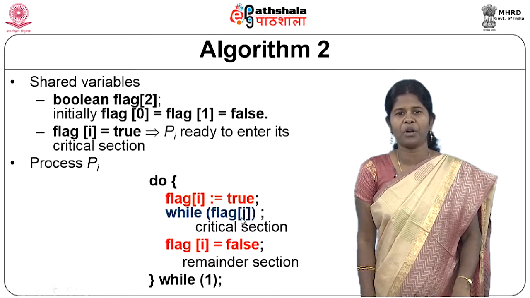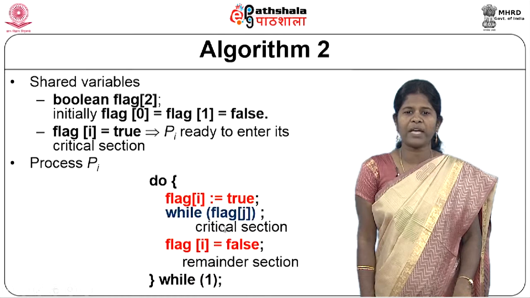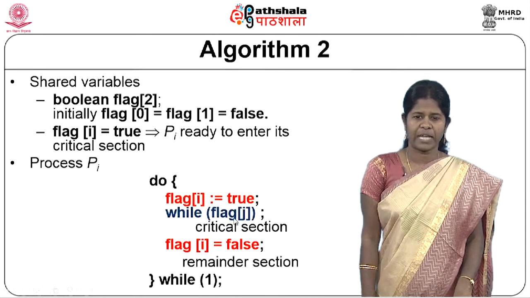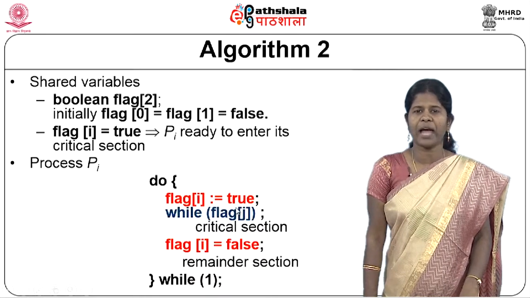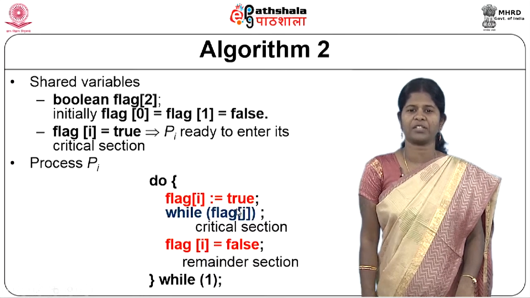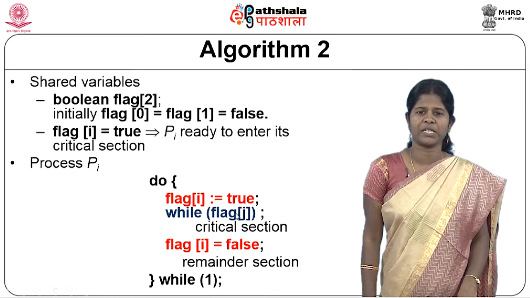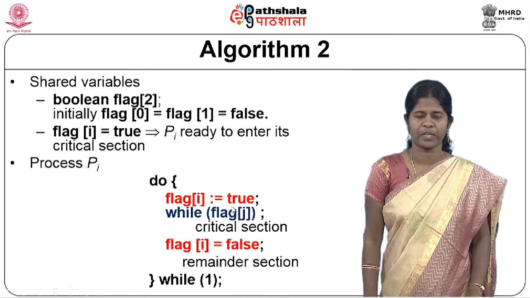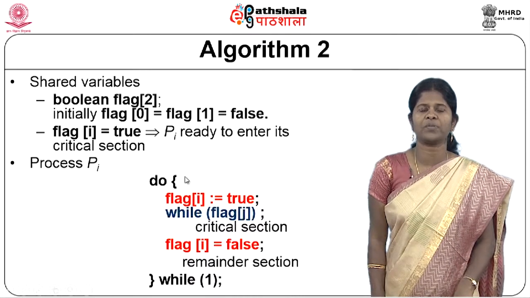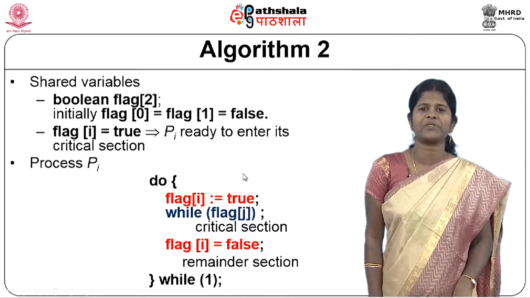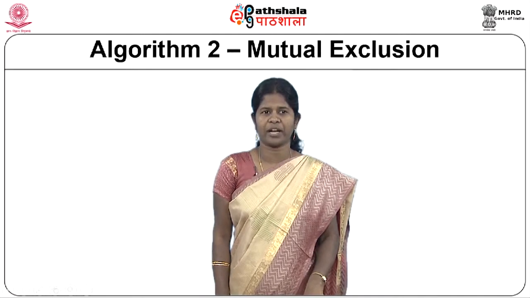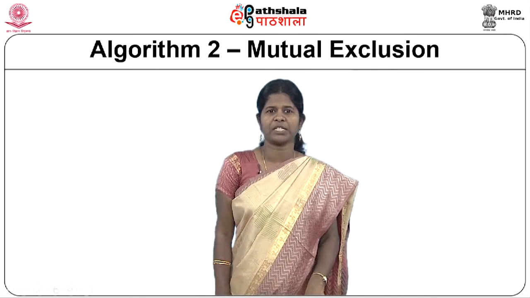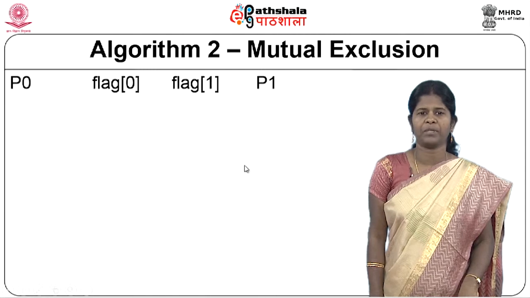It cannot come out of the while loop as long as this condition is true. So, as long as the other process's flag is true, this process will keep on waiting. We will now see how this works and how it satisfies the mutual exclusion condition. Now, look at this example.